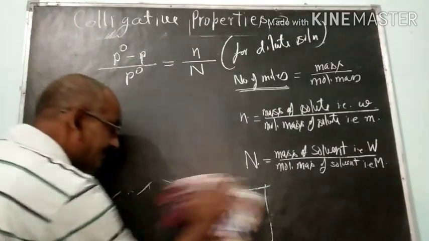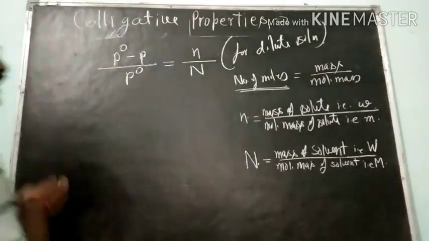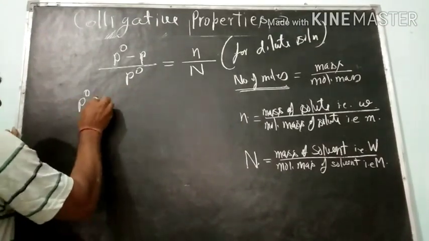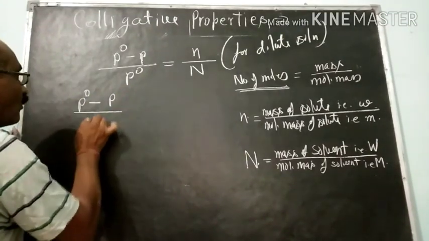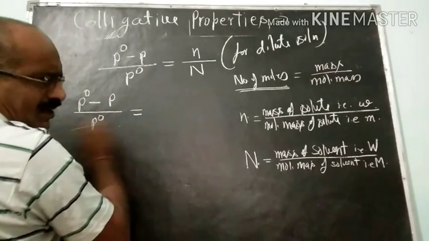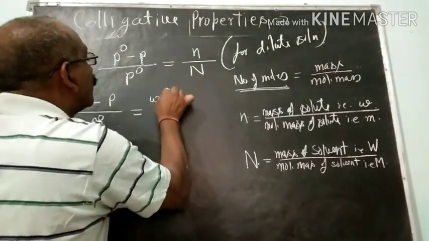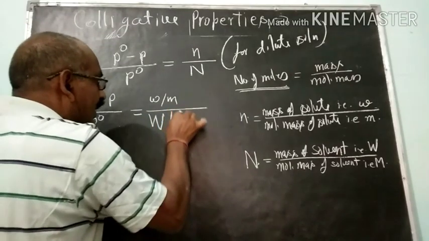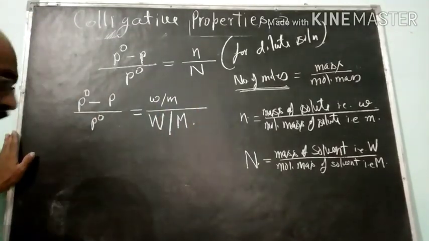After that, this expression can be written as P naught minus P over P naught equals small w over small m upon capital W over capital M. Is it clear?